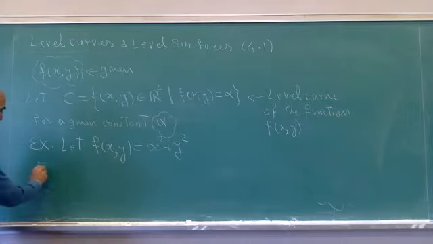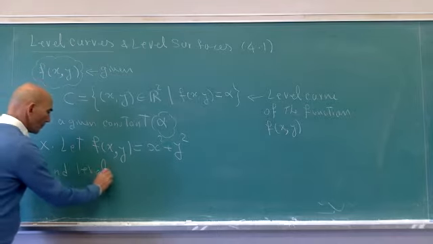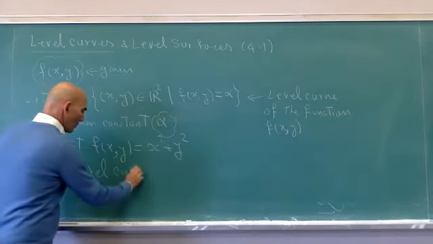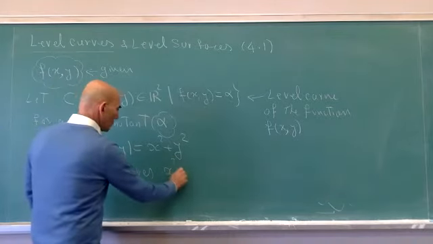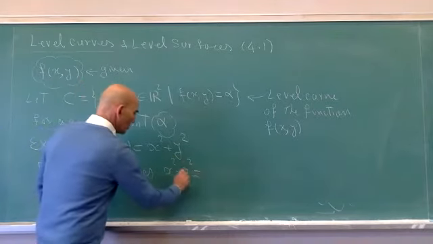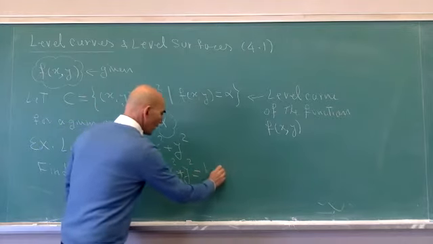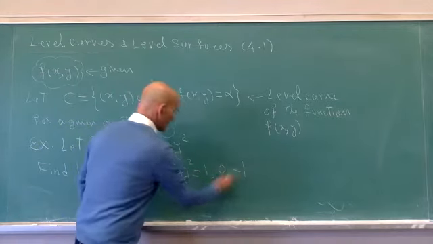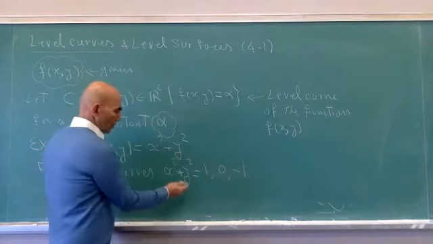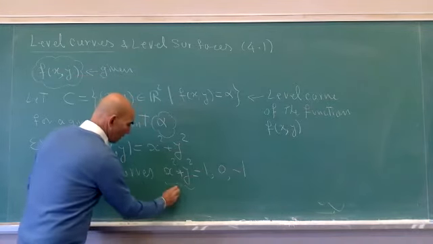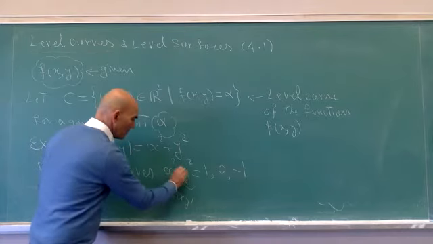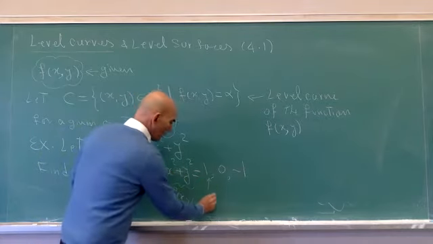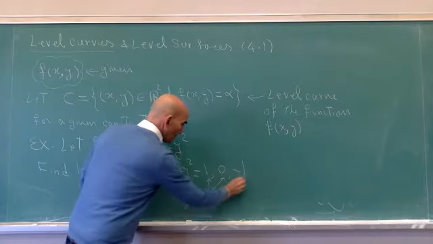So find level curves x2 plus y2 equal to 1, 0, minus 1. So this is your f of x and y now, and this is your alpha: 1, or 0, or minus 1.